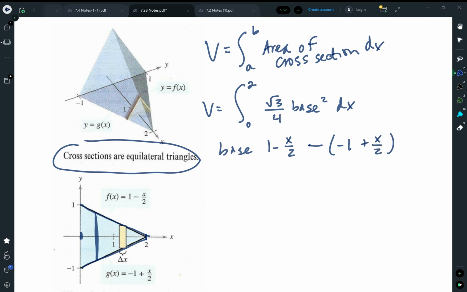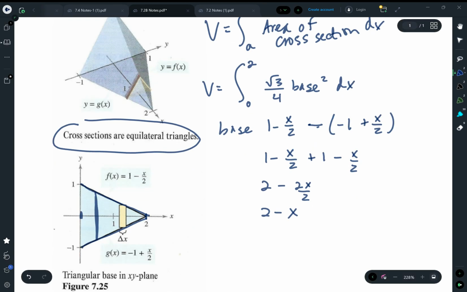Let's simplify that. Negative 1 will be a positive 2. Maybe I'll do an extra step just so I don't screw something up accidentally. Sign errors are the mistakes we make. So it's going to be 2 minus 2x over 2, which is just 2 minus x. That's my base.